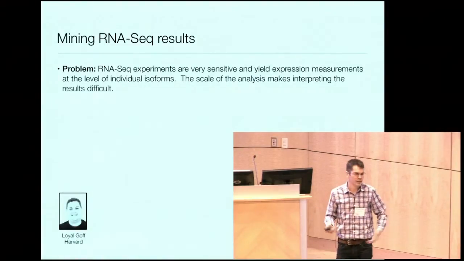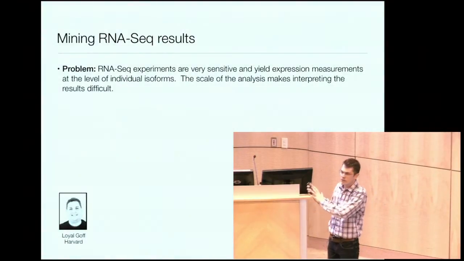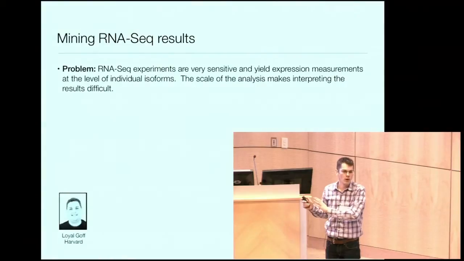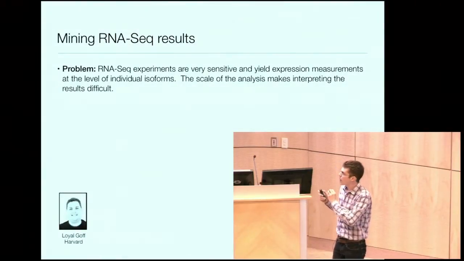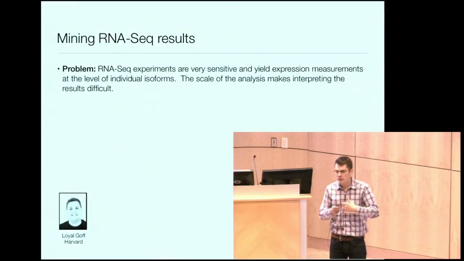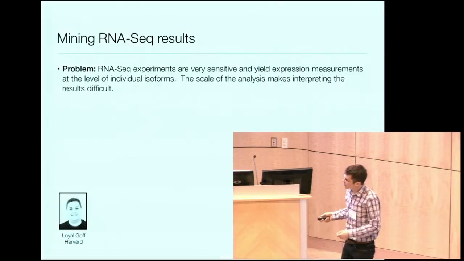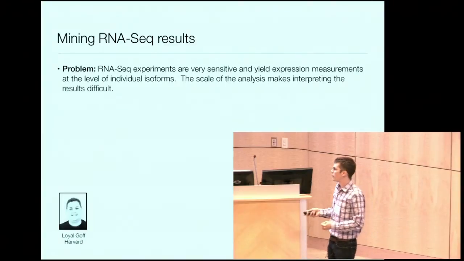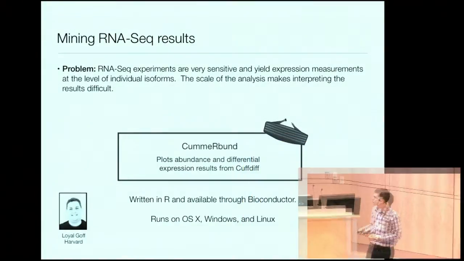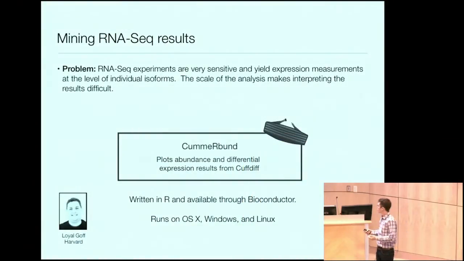If you're interested in lncRNAs, that's an extra 10,000 genes. The scale of the analysis is a little bit overwhelming. And mining the data, interpreting the data, even making figures out of it can be onerous. So my buddy Loyal Goff, another postdoc in the Rinn lab, decided to tackle this problem by building a new package called Cummerbund, which is the newest of the Tuxedo tools.